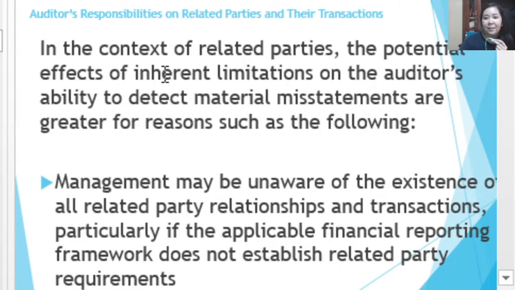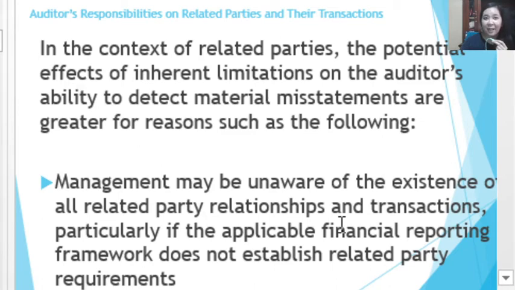In the context of related parties, the potential effects of inherent limitations on the auditor's ability to detect material misstatements are greater because of the following. First, management may be unaware that they have related party relationships and transactions.